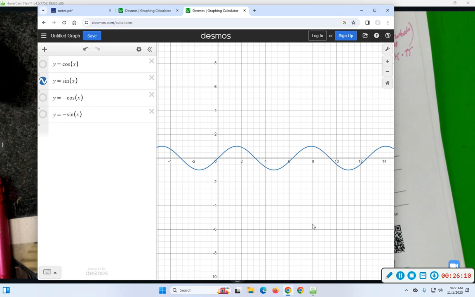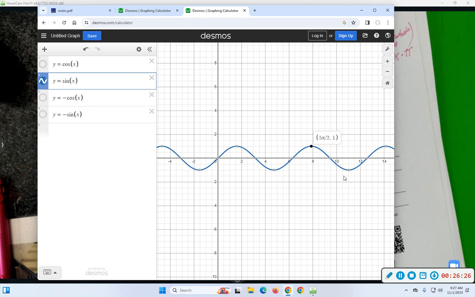And let's find one more, and then maybe we'll put some dot, dot, dots to indicate that there are infinitely many. So there's that endpoint. Any guesses where the next endpoint's going to be? 7 pi over 2.